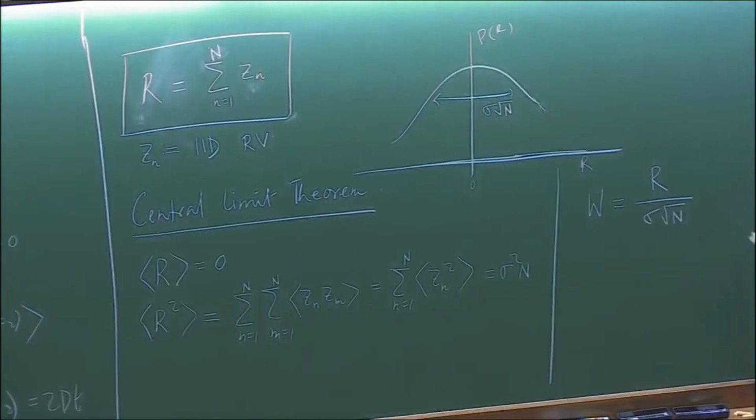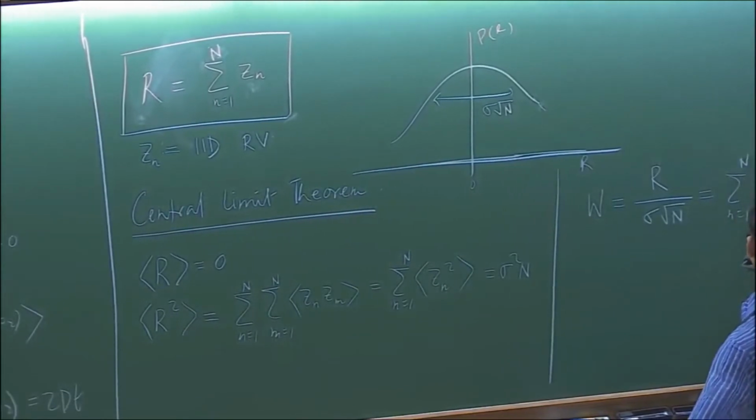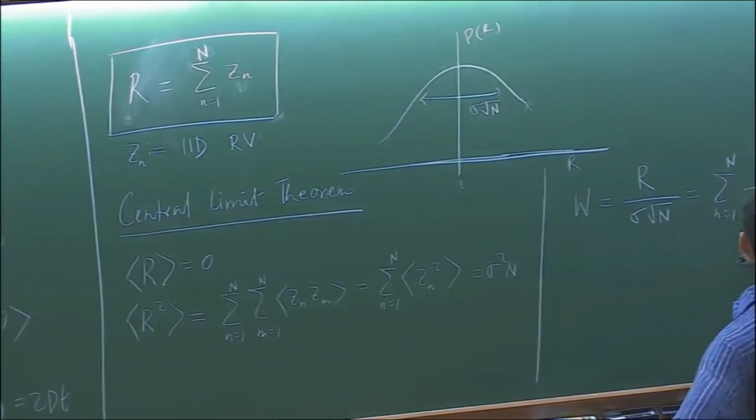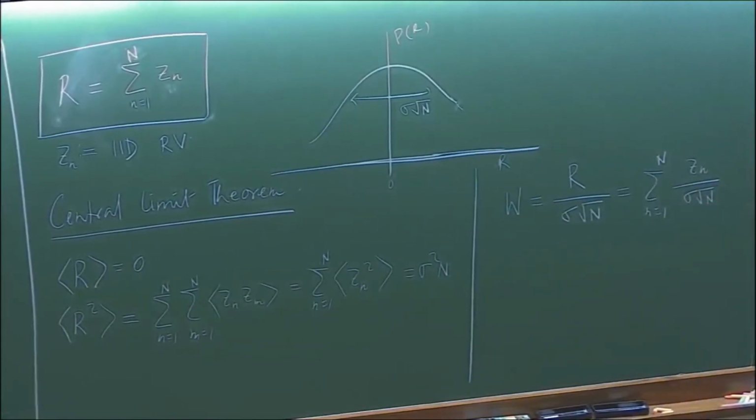So the question is, what is the distribution of W? This is in fact the sum over n equal to 1 to N of Z_n by sigma squared of N. So I'm going to look at the distribution of W.